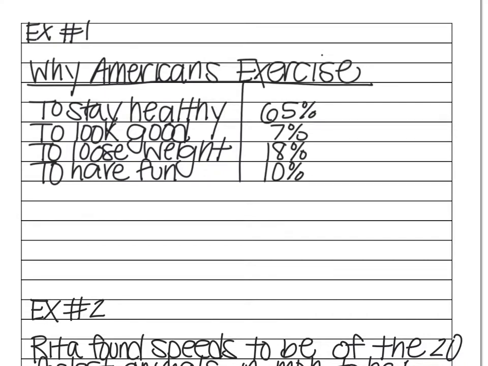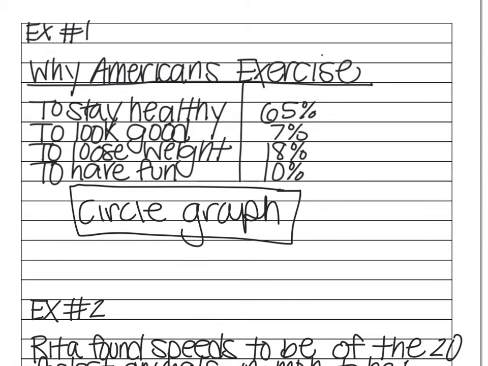And you have the line graph that shows the change in data over time. So when you look here, you have some percentages. So I'm going to say that this is a circle graph. And the reason I'm choosing circle graph, write that out, is because it's telling us the percentage over the whole.